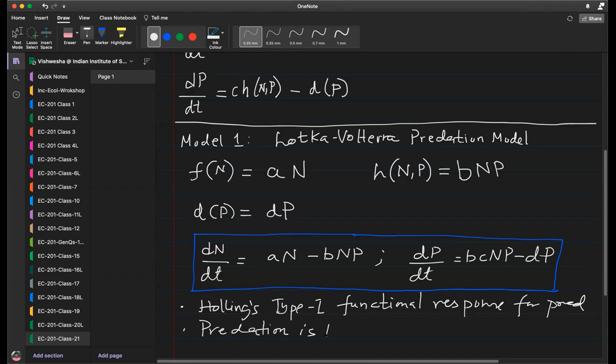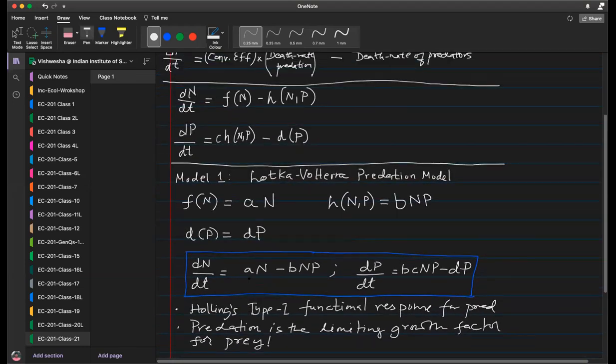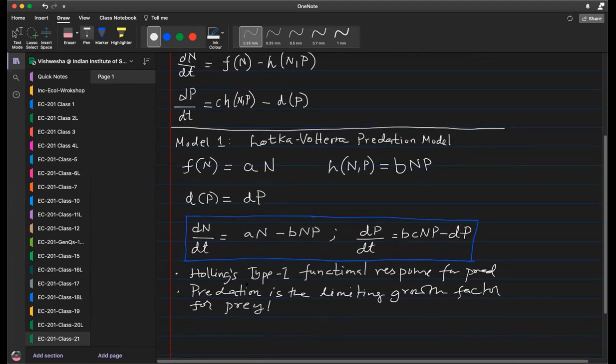Predation is the limiting growth factor for prey. And all the parameters are positive.